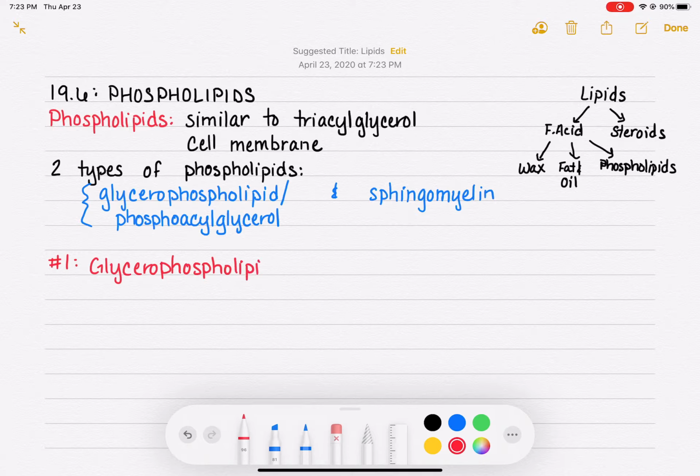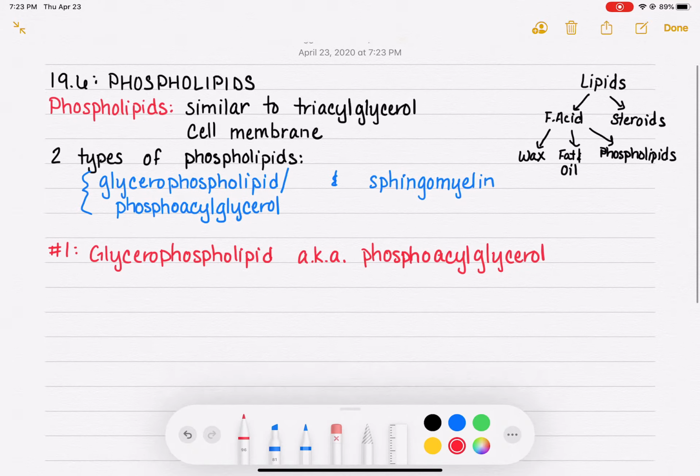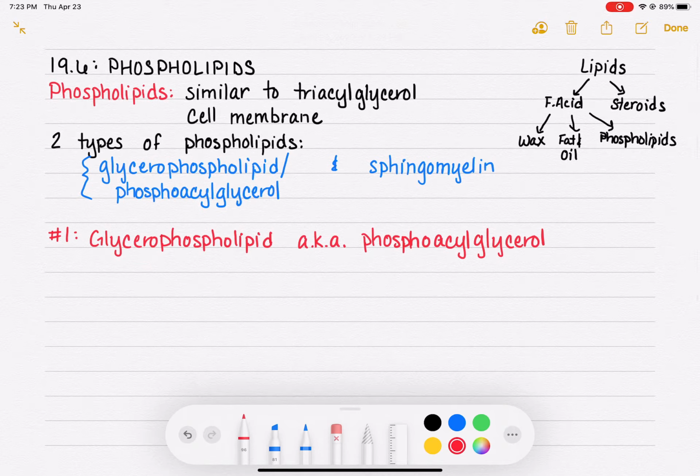Glycerophospholipid, also known as phosphoacylglycerol. And let's just call these, because those are such long words, let's call these GPL for glycerophospholipid. We're going to call it GPL for glycerophospholipid.